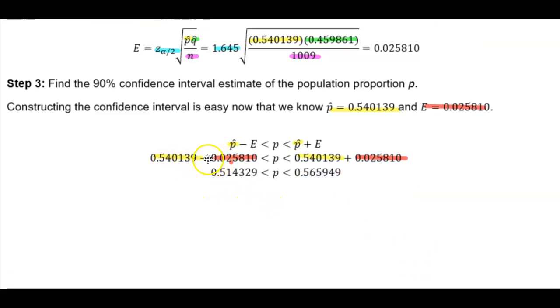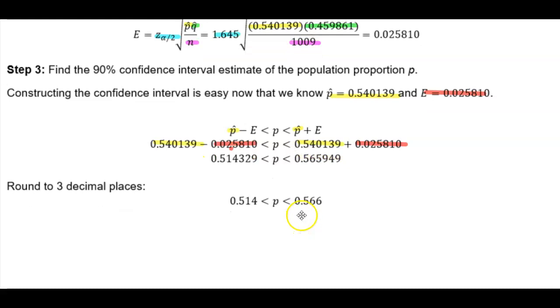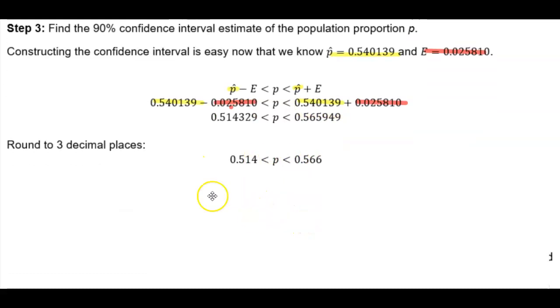When we subtract, we get 0.514329. When we add, we get 0.565949. Rounding to 3 decimal places, we get 0.514 and 0.566. So the population proportion must be in between those two values.